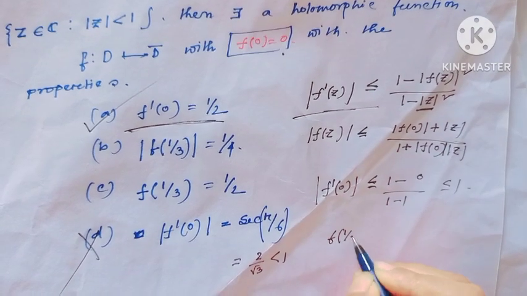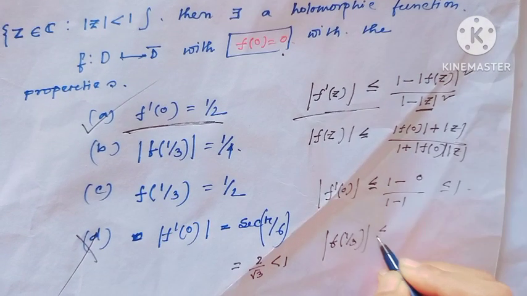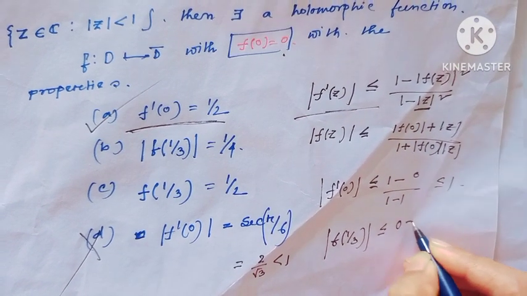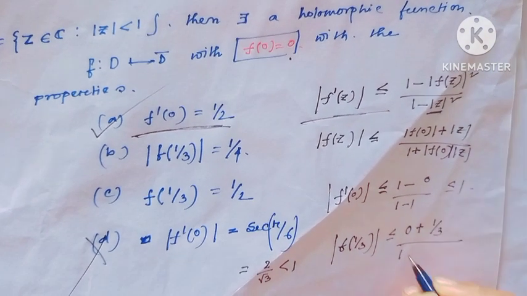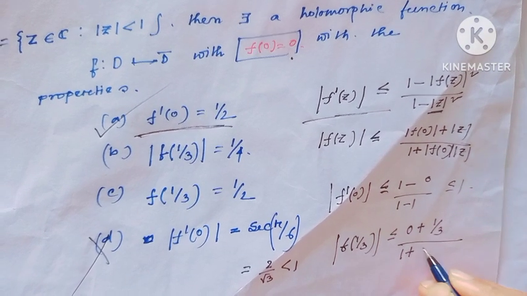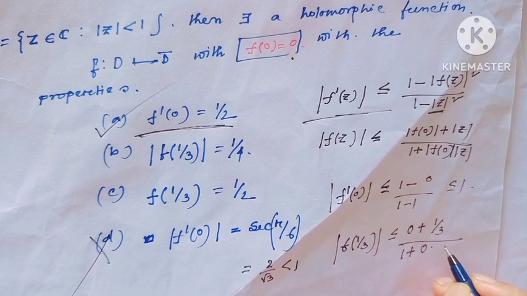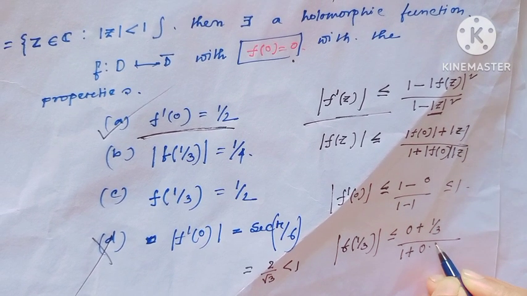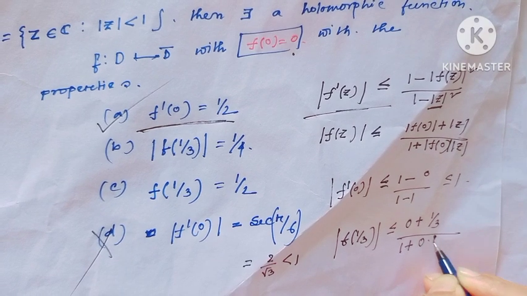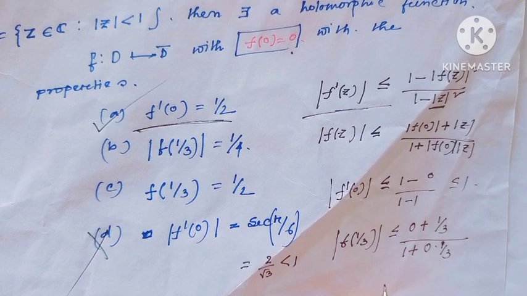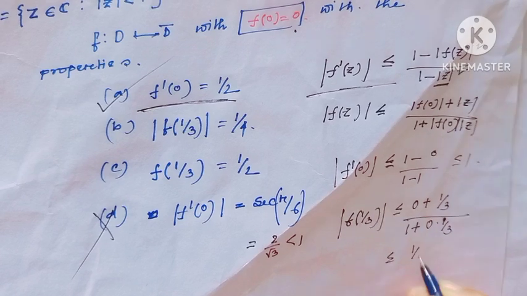So f of 1/3 would be less than or equal to (f of 0, which is 0, plus modulus of z, which is 1/3) divided by (1 plus f of 0, also 0, times modulus of z), which is 1/3.